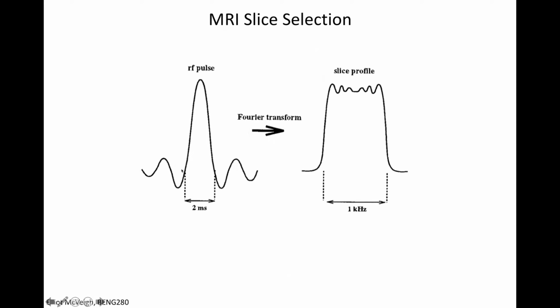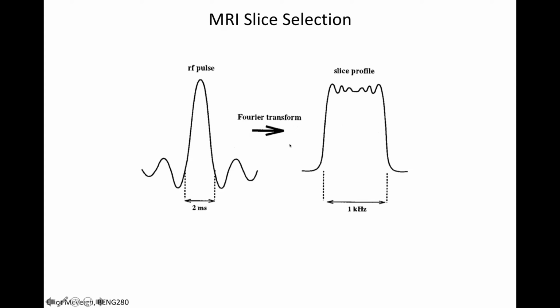So this is a sinc function that has its first two zero crossings 2 milliseconds apart. The Fourier transform of this is 1 kilohertz wide, right? And so the 64 megahertz radiation that is inside this envelope will have a bandwidth of 1 kilohertz, okay?